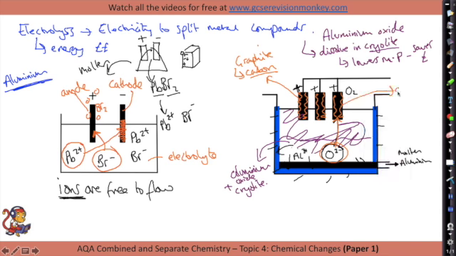So in this electrolysis you will also get carbon dioxide given off as the oxygen reacts with the electrodes, and then they gradually need to be replaced over time.